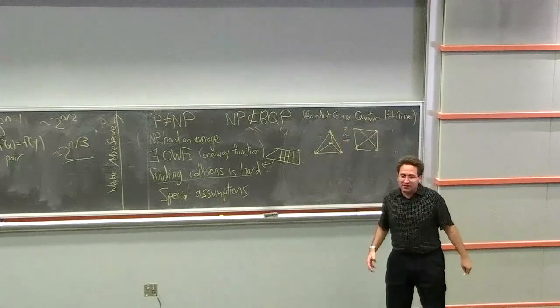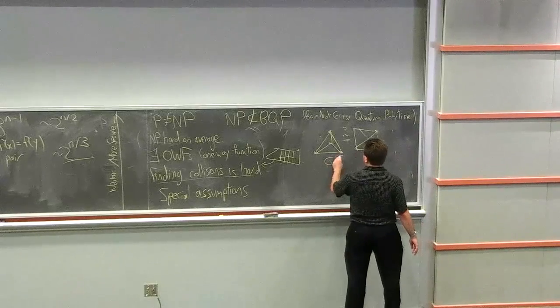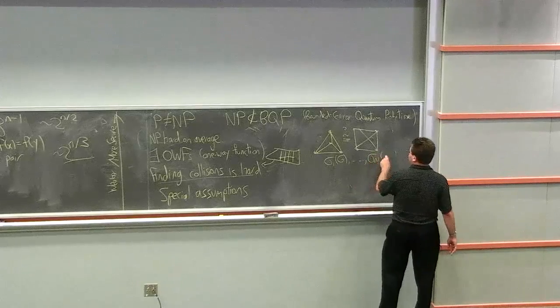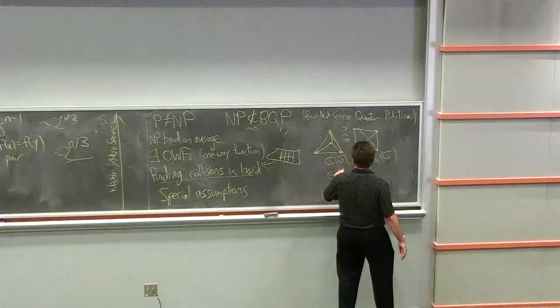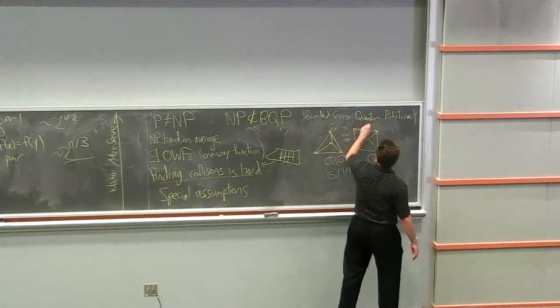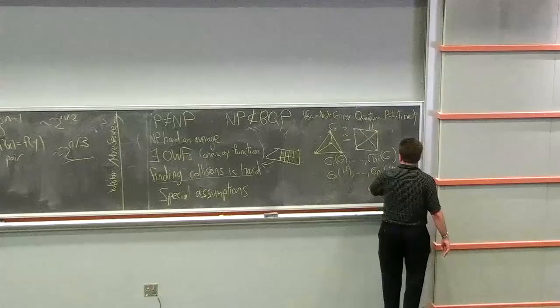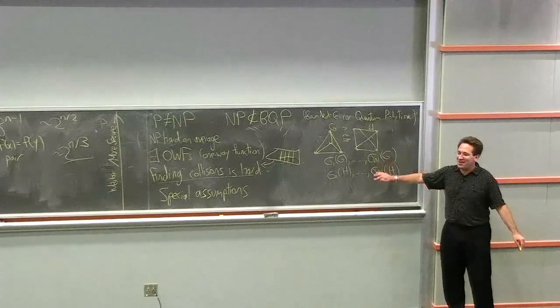So let's suppose that you looked at two gigantic lists, one consisting of all n factorial permutations of the vertices of G, and the other consisting of all n factorial permutations of the vertices of H. Then you look for collisions in this list of two n factorial graphs.